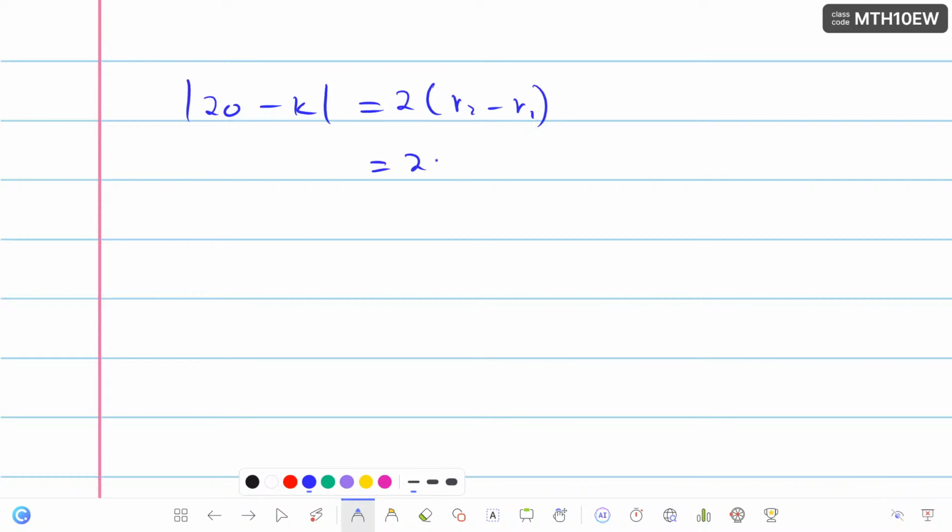And we know that R2 is 6 root 5, and R1 is 2 root 5. So calculating this one, let's check what is the answer.